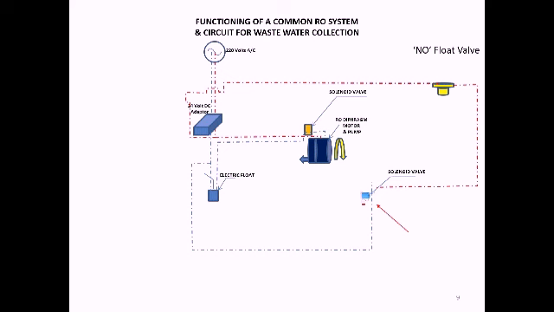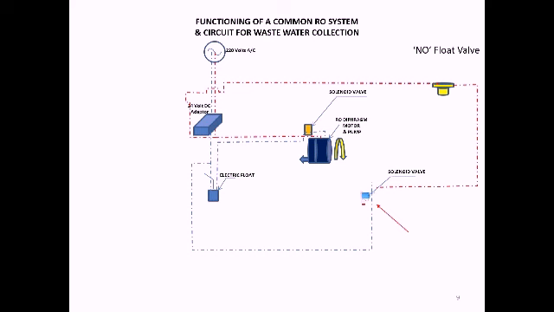So you can easily understand that the inside RO solenoid works in series with the electrical float for the clean water storage tank, and the outside NO float valve and solenoid valve, shown with a red arrow at the bottom right side of the slide, operates with the NO float valve fitted onto the wastewater overhead storage tank installed in a cabinet. So it's very easy to understand with this slide how the electrical circuit has been done.